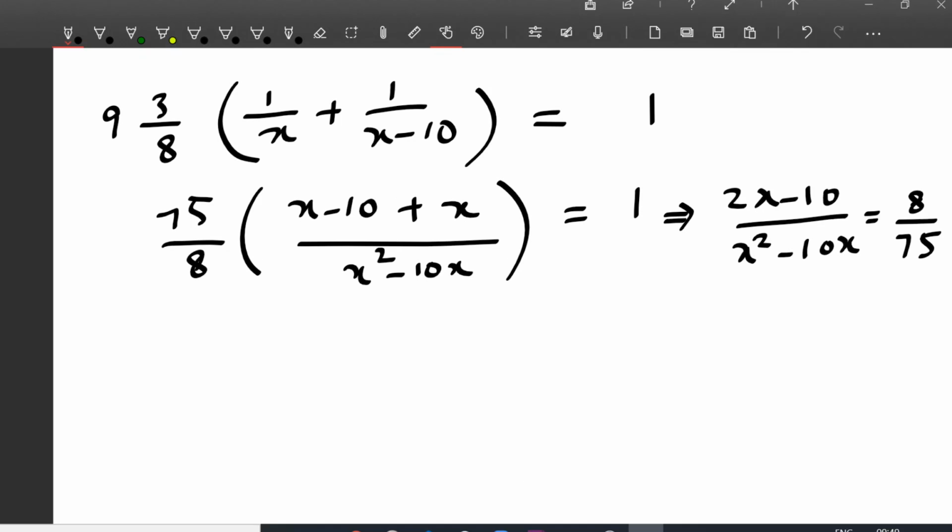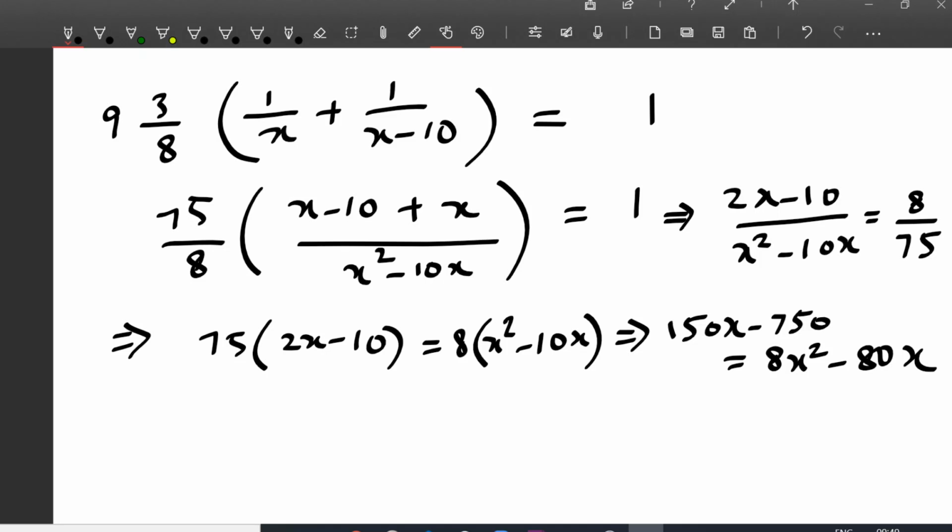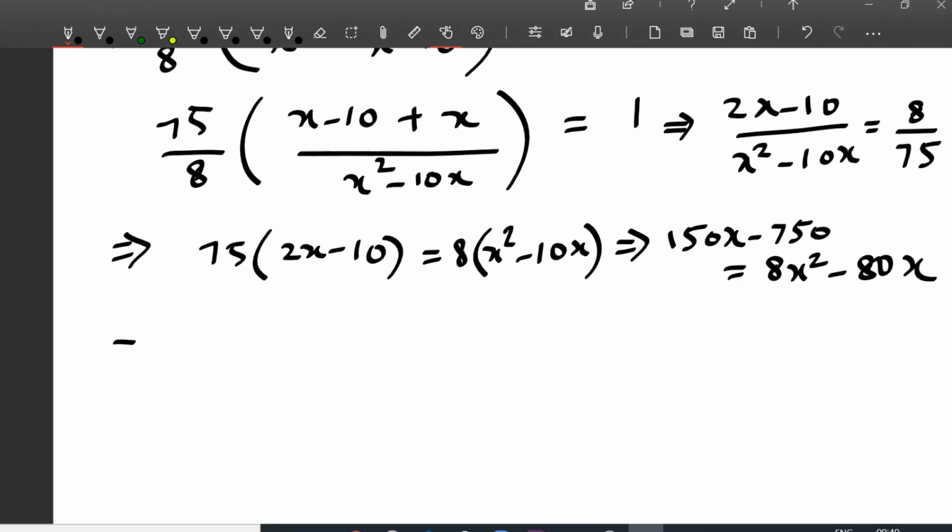Now when you do the cross multiplication, which will give us 75 bracket 2x minus 10 will be equal to 8 bracket x square minus 10x. Now when you open up the bracket, which will give us 150x minus 750 will be equal to 8x square minus 80x. Okay, so let us try to take all the terms to one side.